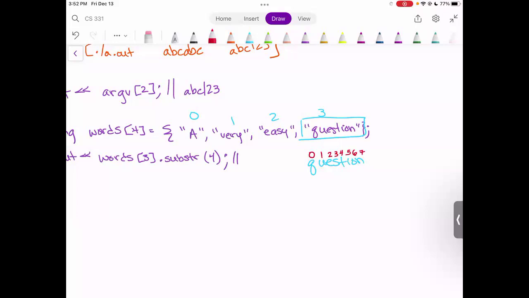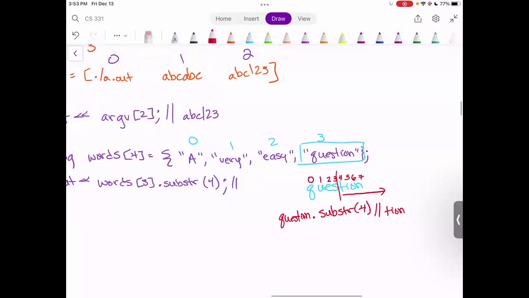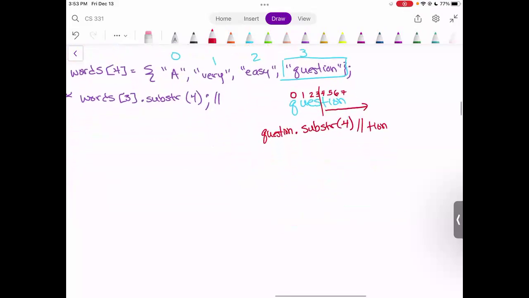So if I say substring 4 and words of 3, we'll say question dot substring of 4. I start at the 4th position and I go all the way to the end. So this one would print out TION. Any questions about that so far?